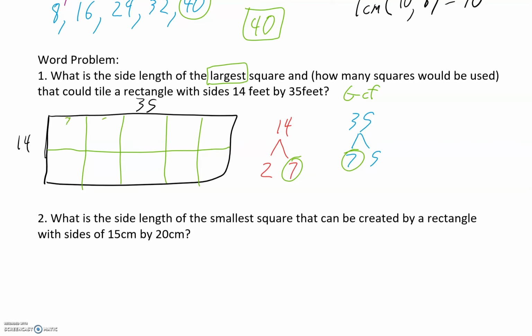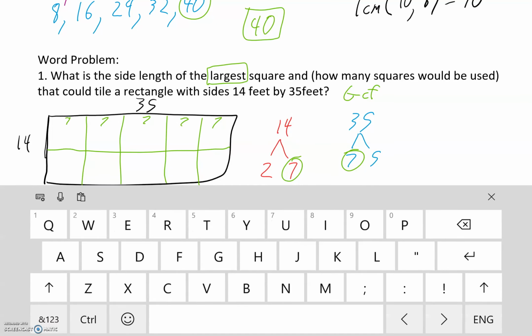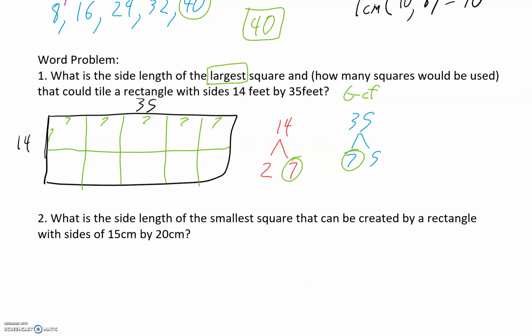So 7, 7, 7, 7, 7. Add them all together, you get 35. And along this side, it's 7, 7 to get 14. So the largest square that can tile this would be 7 by 7. So the answer is 7 by 7 feet.